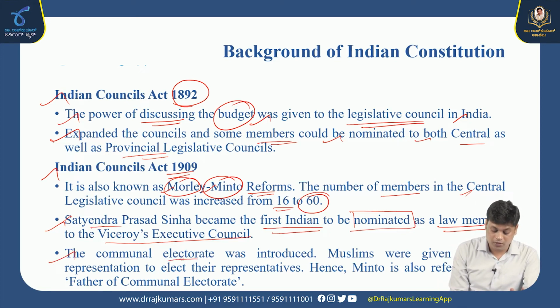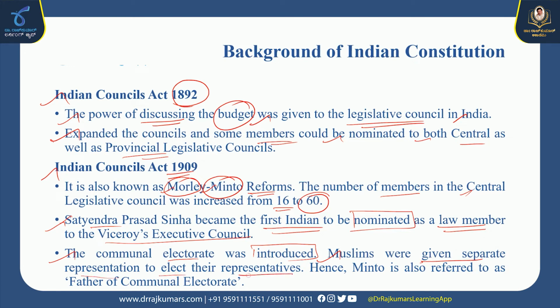The Communal Electorate was also introduced here. Okay, Communal Electorate, Muslims. Muslims were given separate representation to elect their representatives, which is known as Communal Electorate. Okay, in any one region of India, the community who belong to Muslims, in proportion to their population, they'll get allocation of seats.